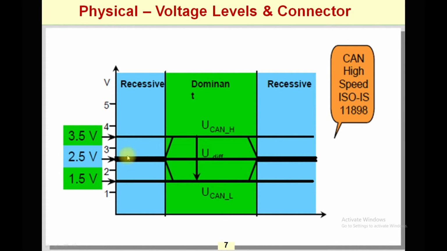So by default, when there is a recessive bit, both CAN high and CAN low wires have 2.5 volts, which signifies the CAN bus is transmitting logic 1. When the difference between CAN high and CAN low is 2 volts, CAN high shifts up from 2.5 volts to 3.5 volts, and CAN low shifts down from 2.5 volts to 1.5 volts.